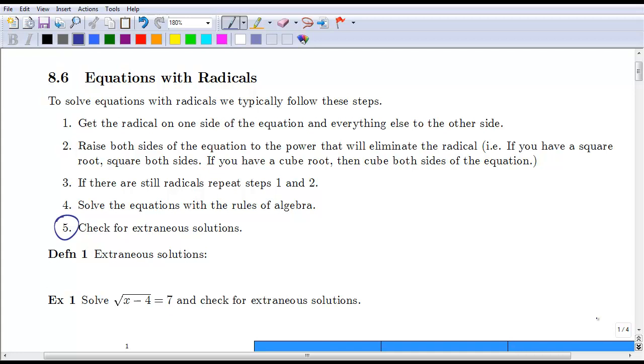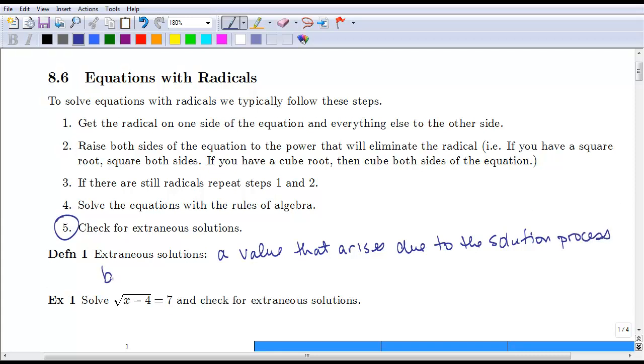Now, an extraneous solution is a value that arises due to the solution process but that does not make the original equation true.